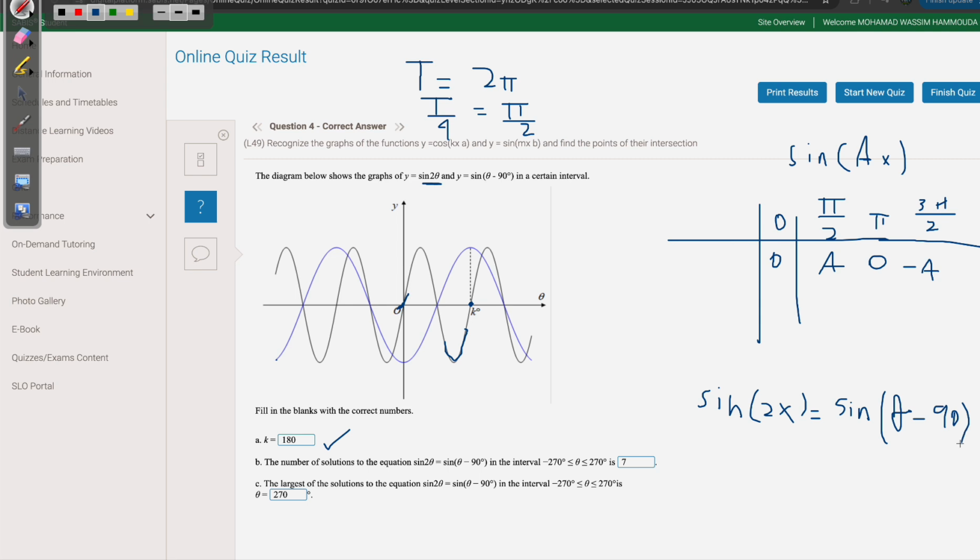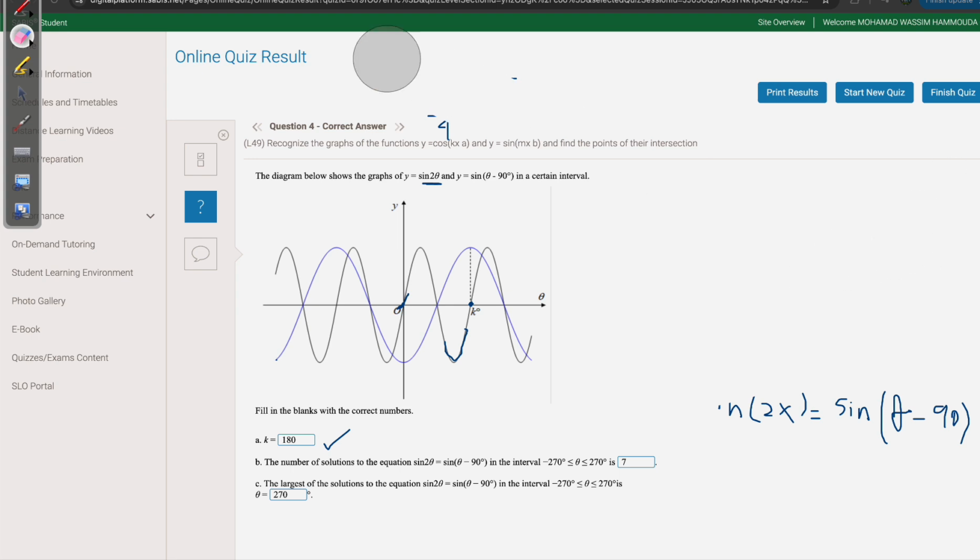Sine 2x is equal to sine (theta minus 90). And that is going to give you two solutions, right? The two solutions being 270 plus 360k, and 90 plus 360k.